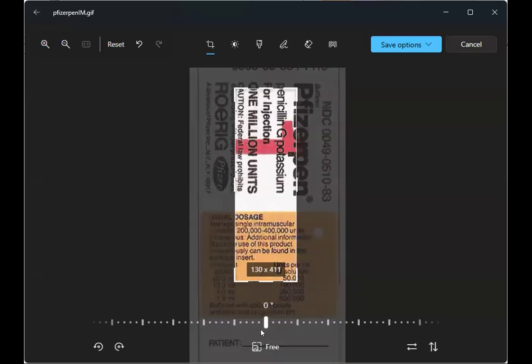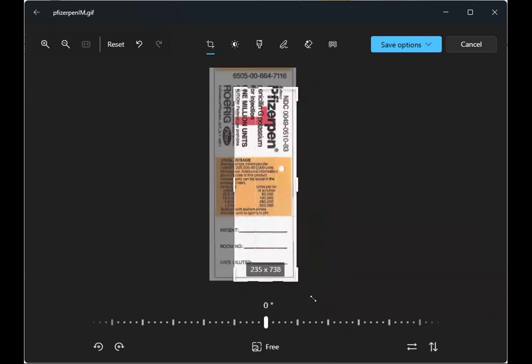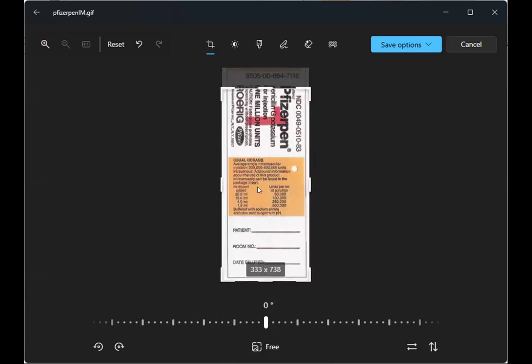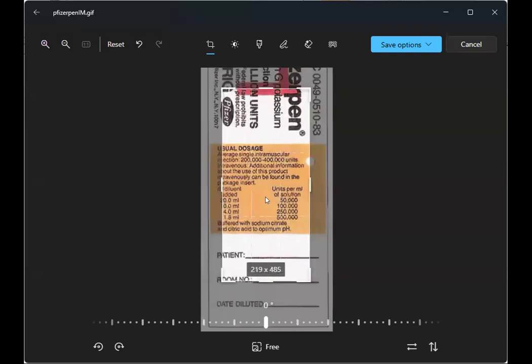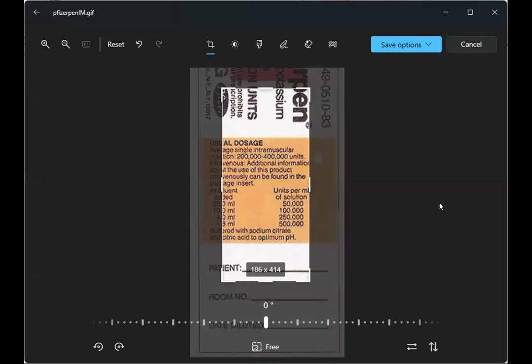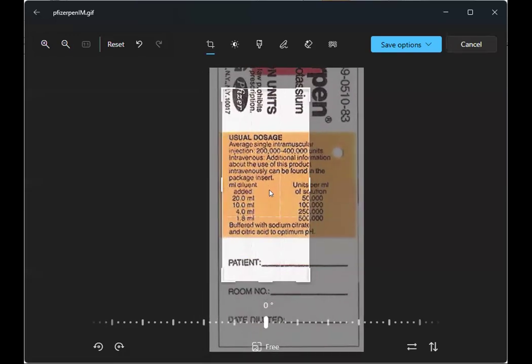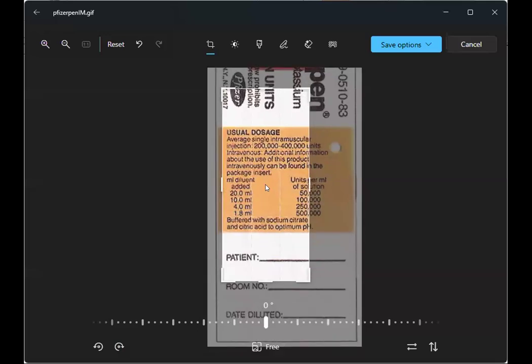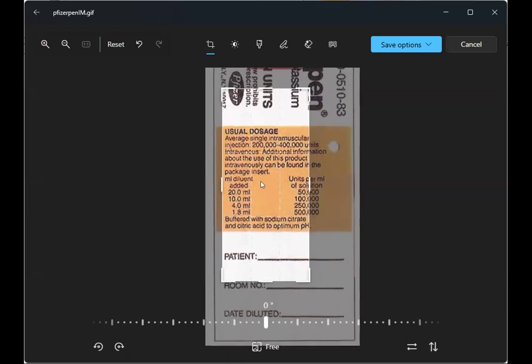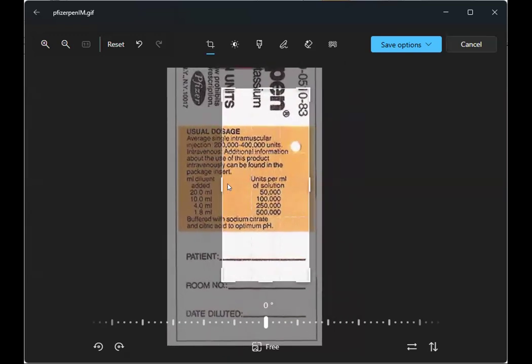So if I take a look at the middle section here, I apologize. This is like wanting to crop, and I don't necessarily want it to crop, but whatever. If I look over here, you see where it says milliliters of diluent added, 20, 10, 4, 1.8. But over here, that tells you the strength.